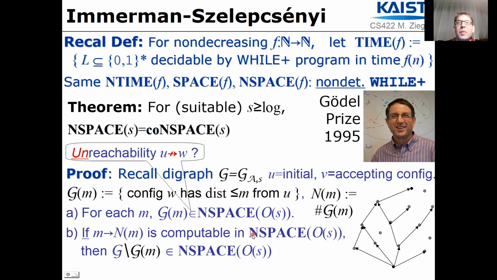And the second observation is the question, what does it mean to compute a function non-deterministically, right? So remember we've introduced, formalized, and talked a lot about non-deterministic decision, where non-deterministic decision means there exists a sequence of guesses, right? For positive instances, and for negative instances, there exists no such sequence of guesses.